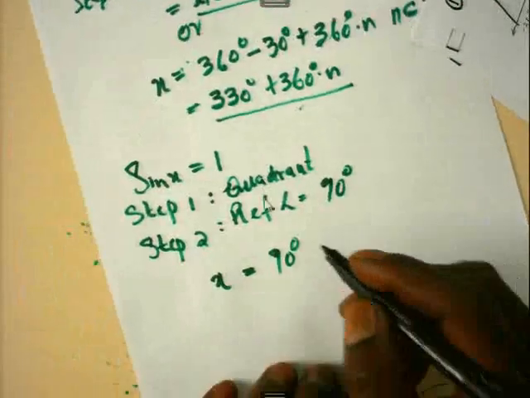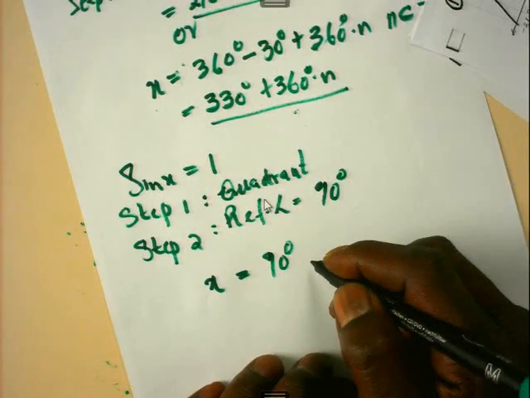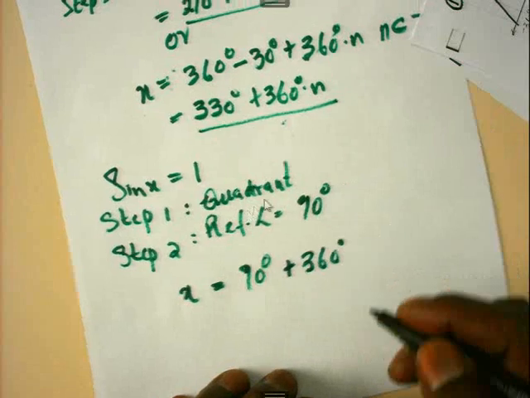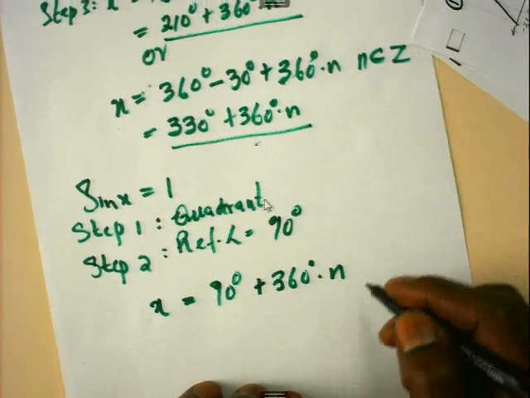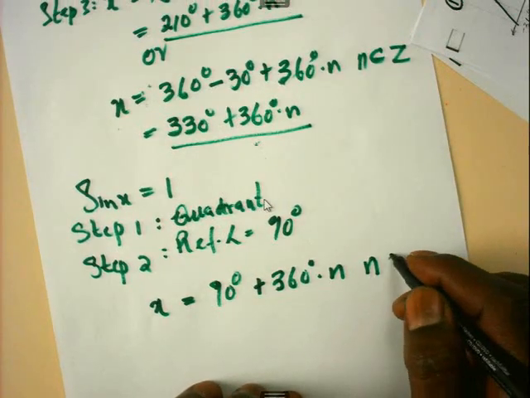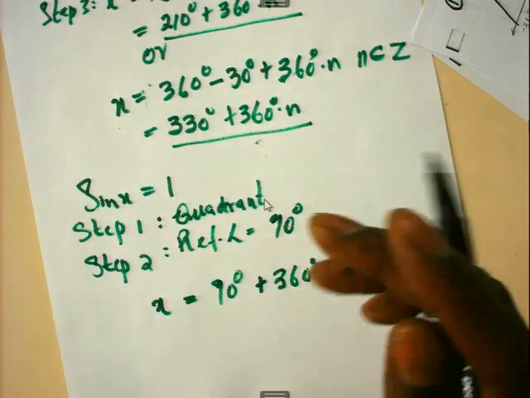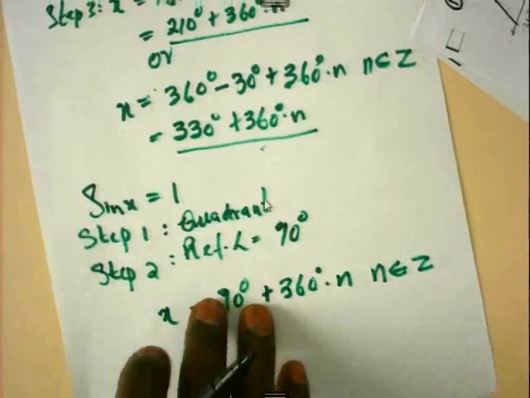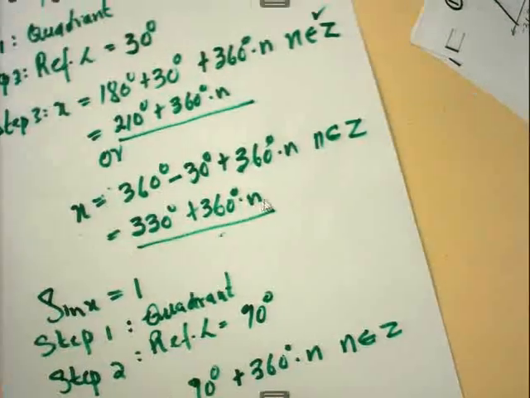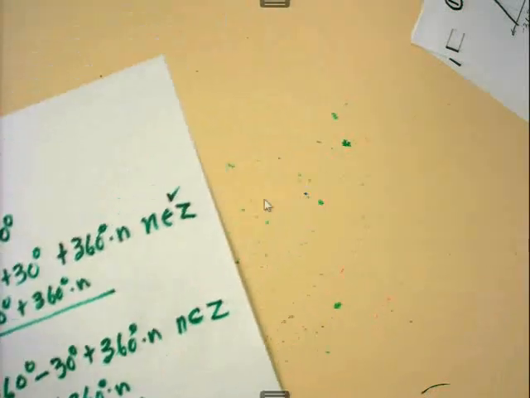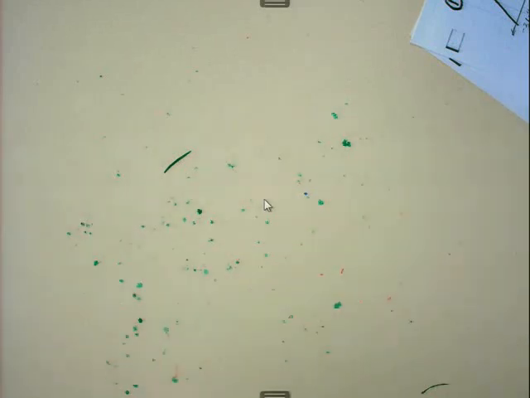So the solution will be x equals 90 degrees plus 360 degrees times n. We don't have to forget that n must be an element of integers. All right, I think we are fine up to that. We are done with that question. Happy? All right. Now, let's go to the next question.